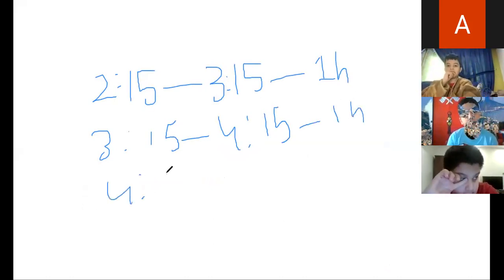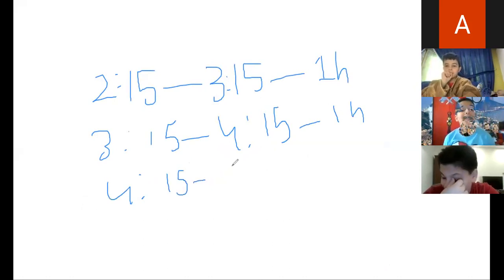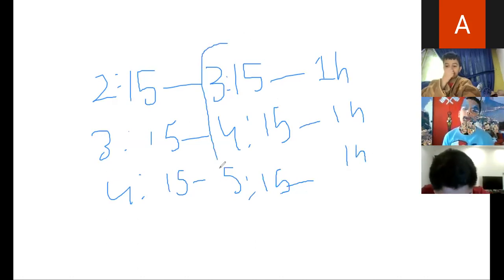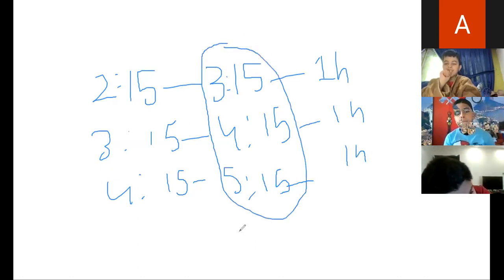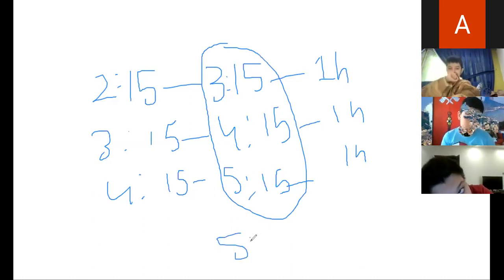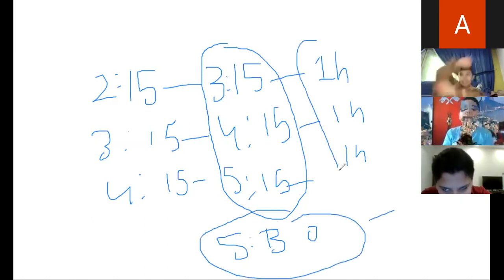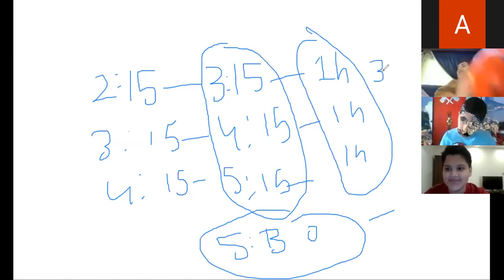Then 4:15 to 5:15, there will be 1 more hour. So there are 3 hours, but the time ends at 5:30. So it will be 3 hours and 15 minutes. Yes, these are 3 hours and then 15 minutes.